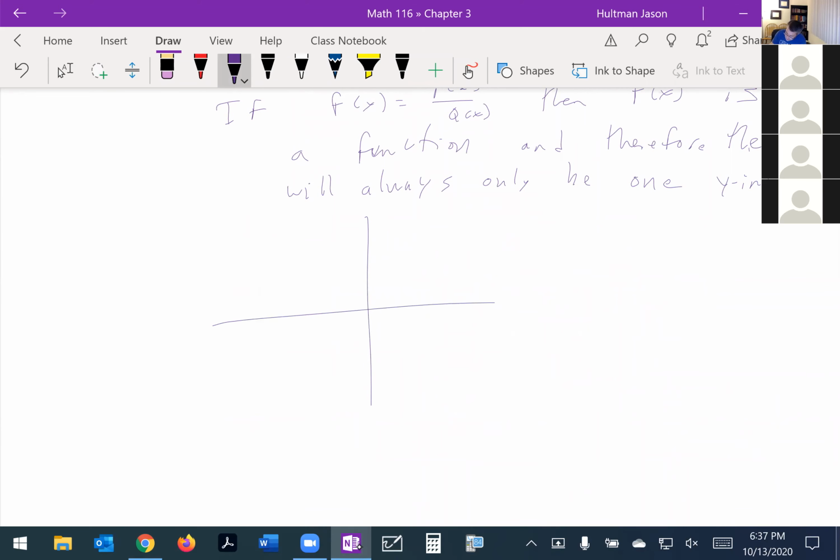The graph I had looked something like this, I think, more scrunchier. Something like that. Okay, 0, 0, negative 2, 0, and 3, 0.